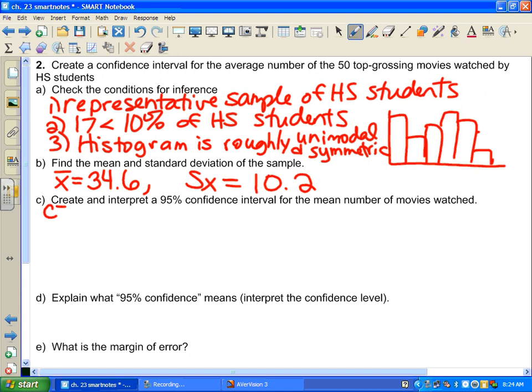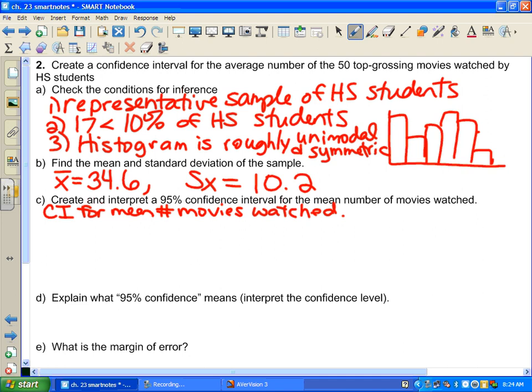We're creating a confidence interval for the mean number of movies watched. It's really the population mean, but if you don't say sample, it's kind of the same as population.